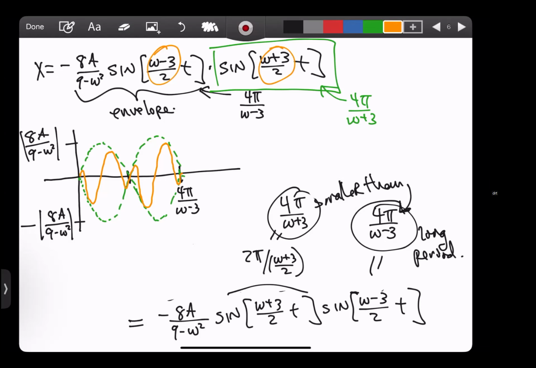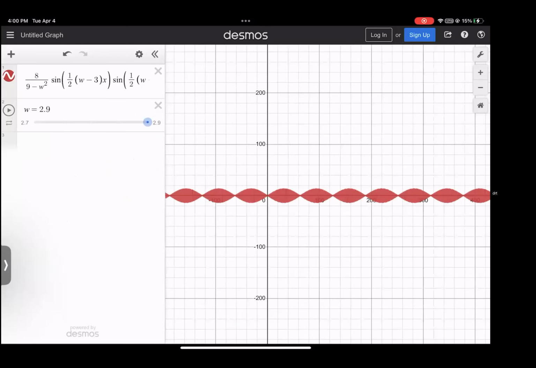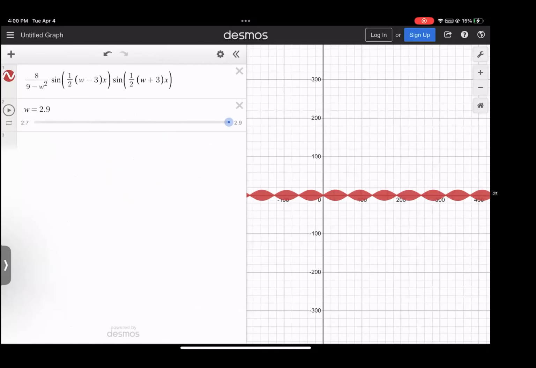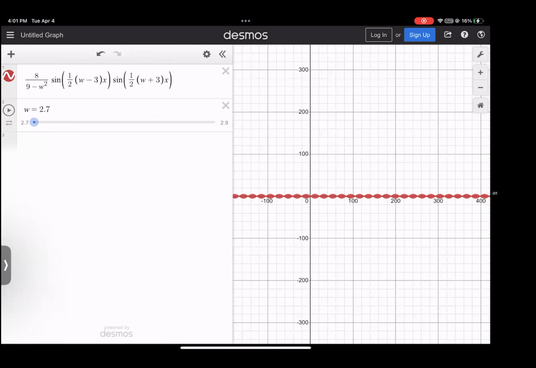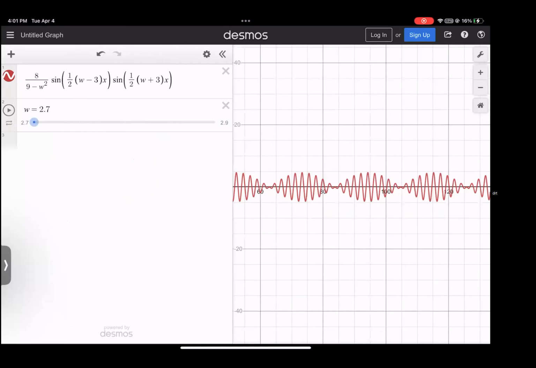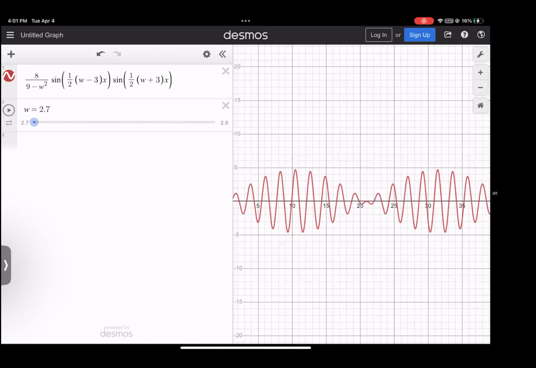I would like to show you what that looks like. So we've got a Desmos graph right here. So let's see here. Check out what I've got up above. This is the simplified version of what we've just seen. I'm using W instead of omega. And down here, we can see the graph of this thing.